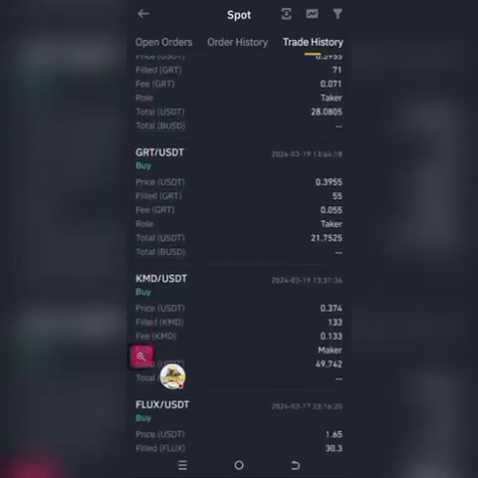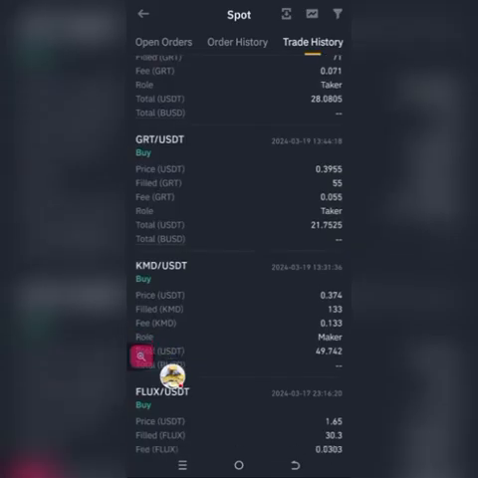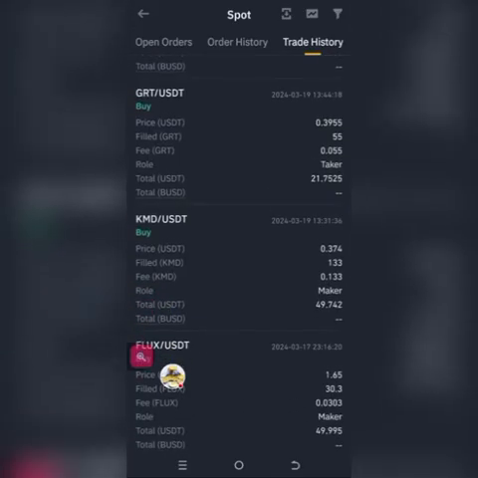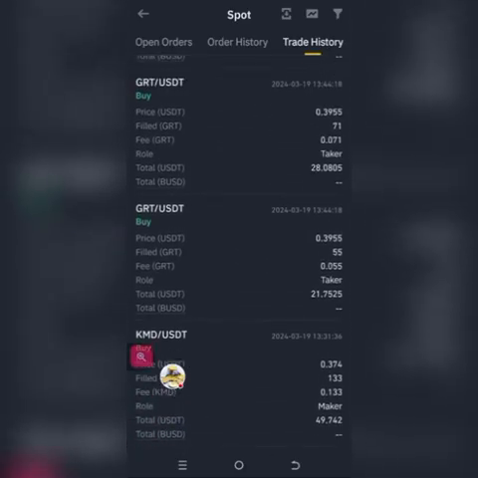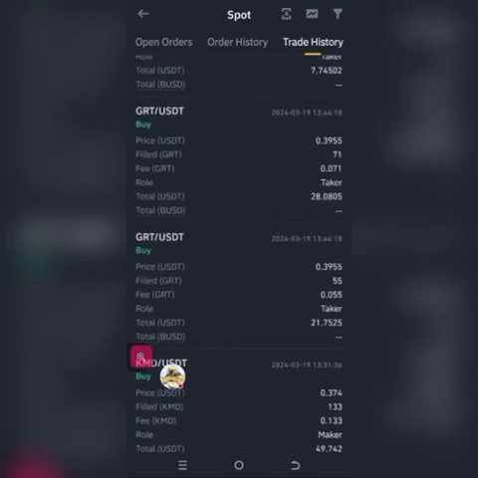We bought it at 39.55, and I think we bought $49.83. That's how much we bought.